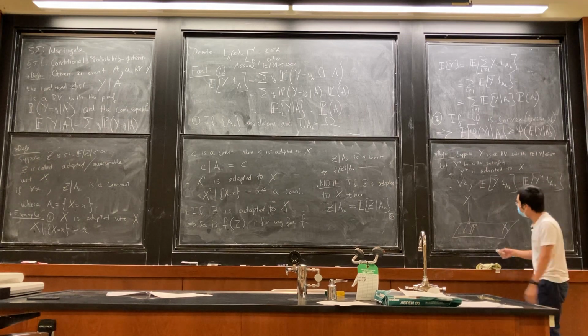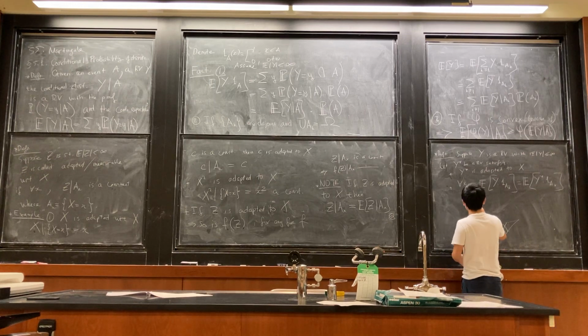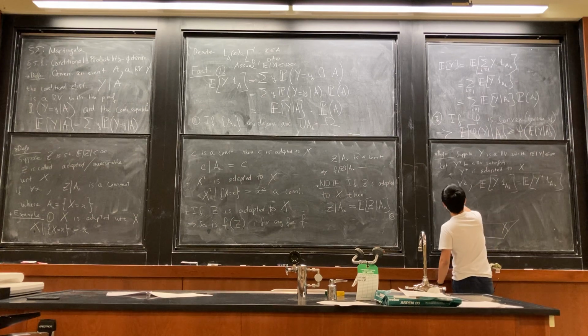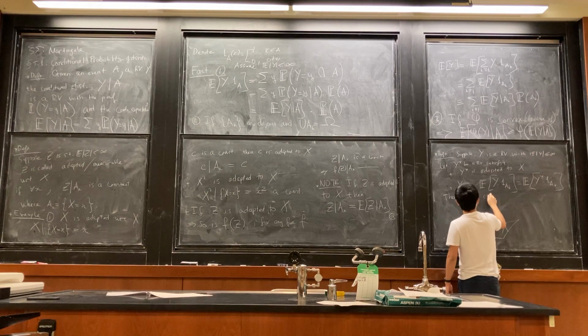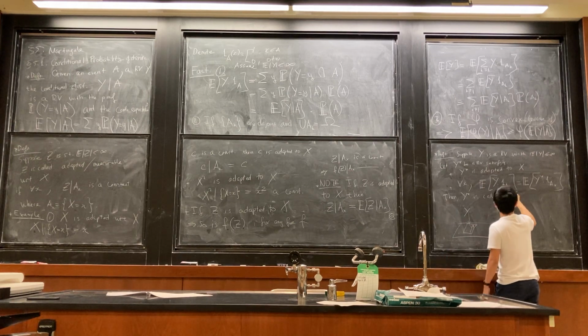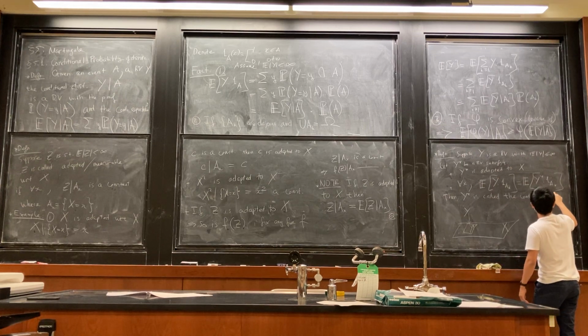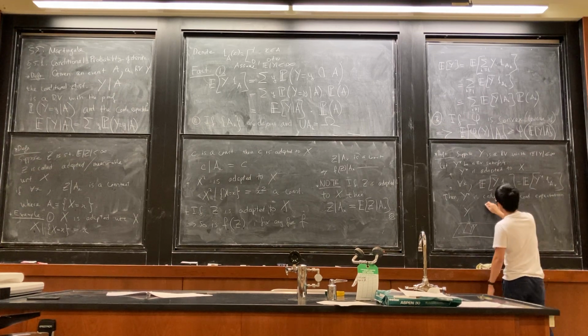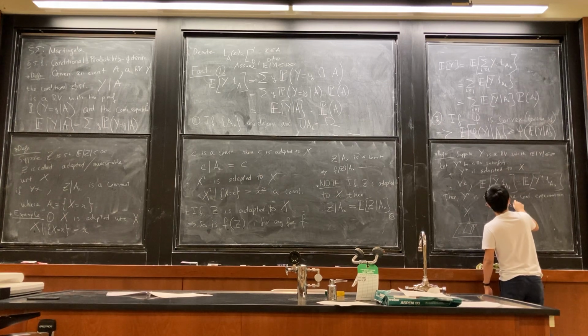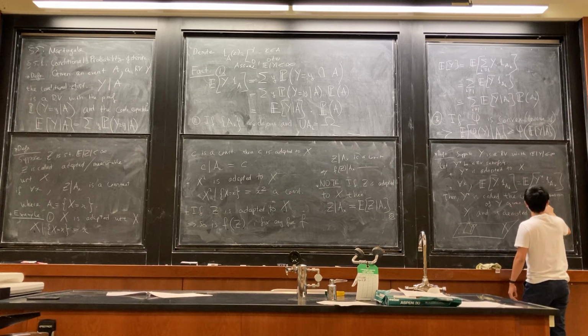All right. Then y star is called the conditional expectation of y given x, and it is typically denoted as the expected value of y conditional on x.